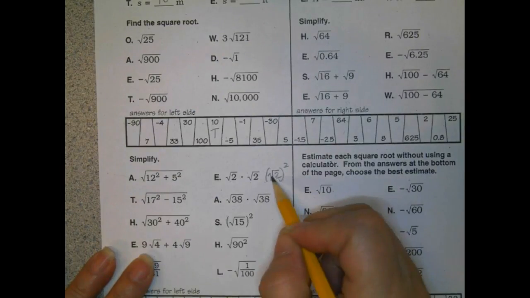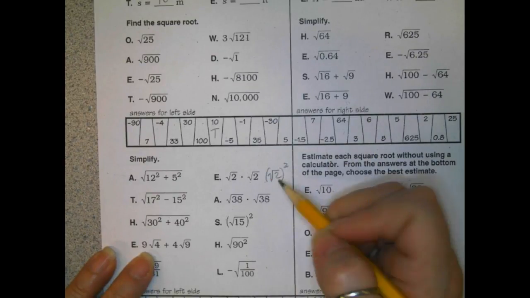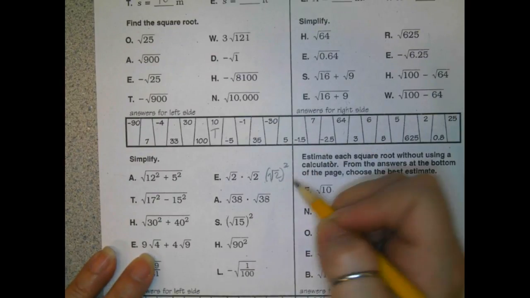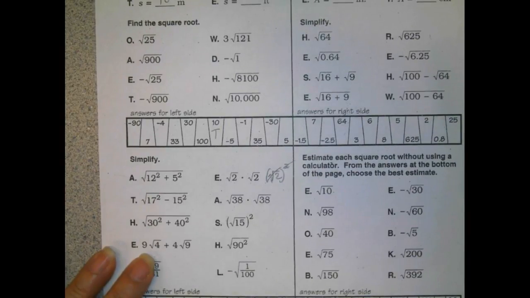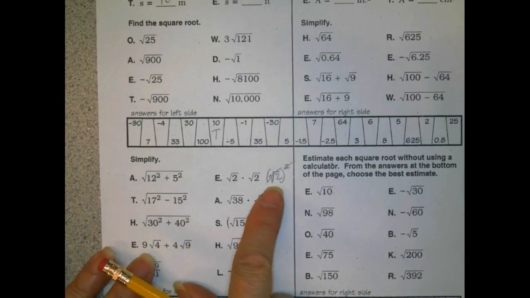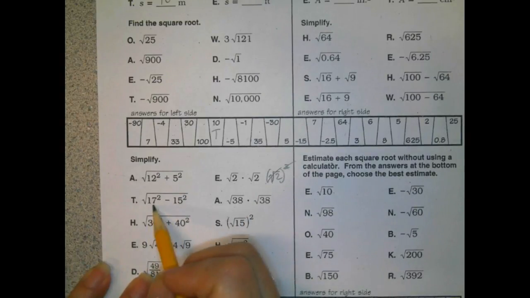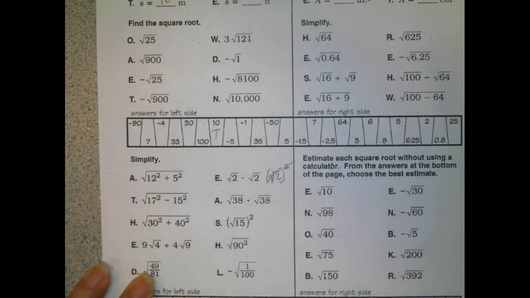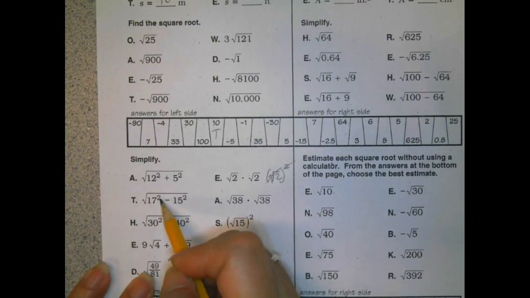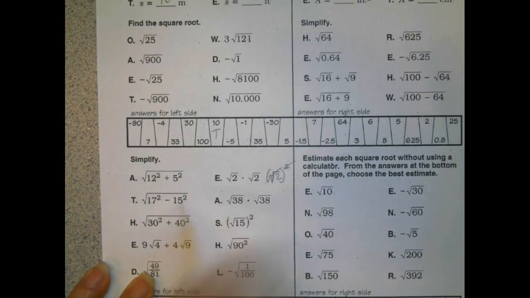So what happens when I square a radical? It's like a hurricane, and they get what? They get wiped out. So what is my answer? 2. Okay. Now here, be careful, right? Do these cancel?